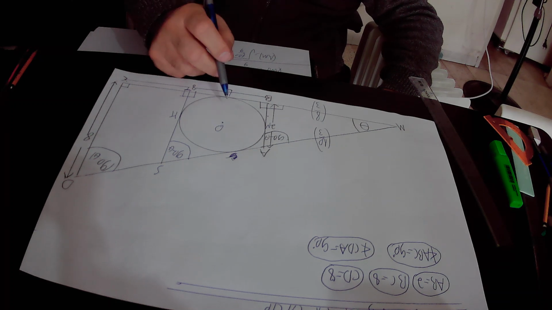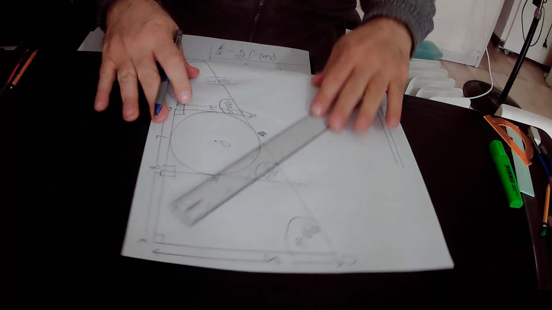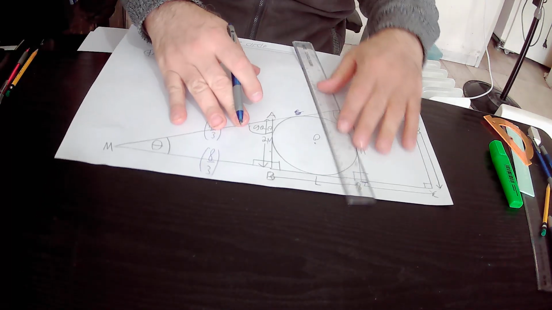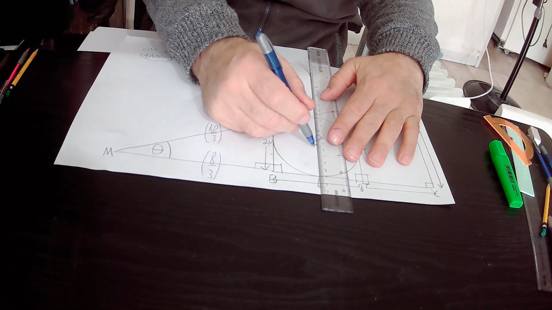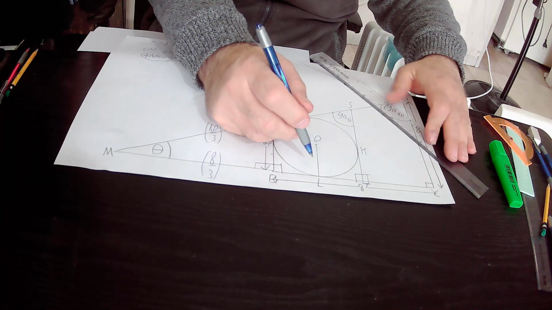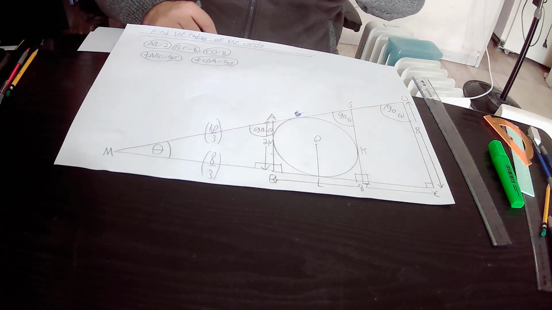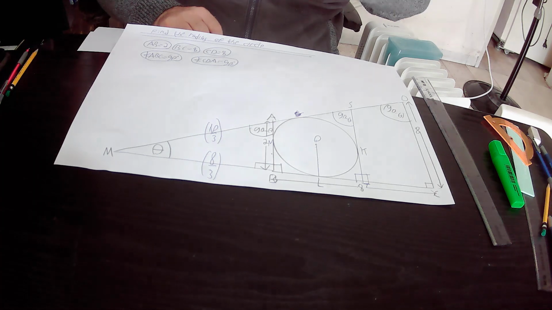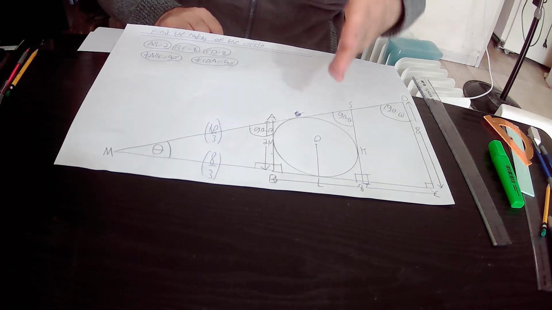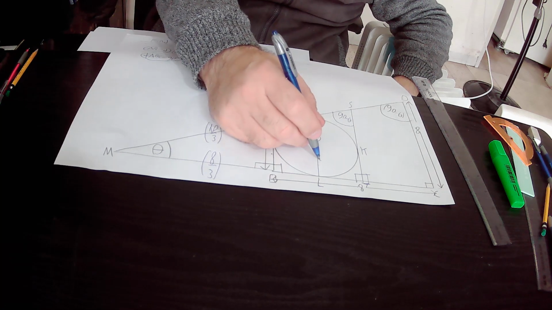In the next step, we'll join points O and M together by a straight line. Point O is the center of the circle, point L is a point on the circle itself, therefore OL is the radius of this circle. We will define the radius of this circle as x, therefore OL equals x.